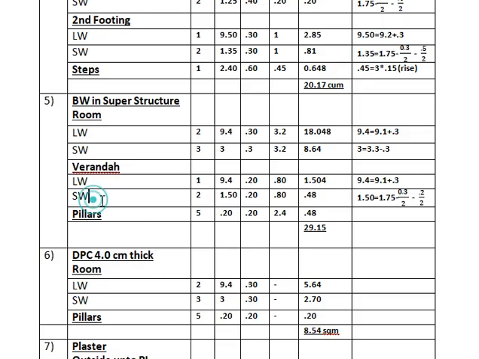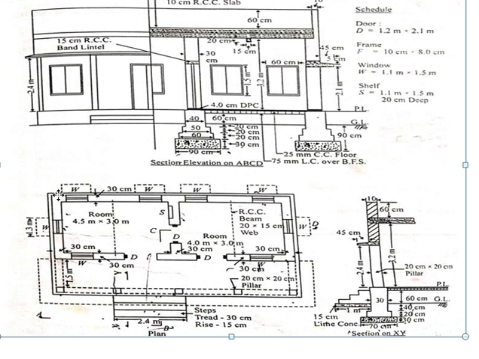Now, short wall. The number of short walls we have is 2. Now how will we calculate its length? We see we are on the top of it. 1.75 is the original. On this side 0.30 is the thickness of the wall, while on this side the thickness of the wall is only 0.2.